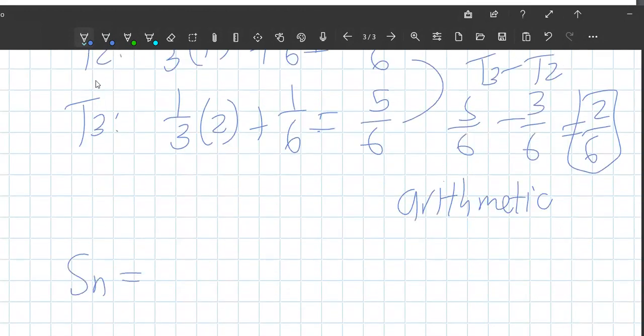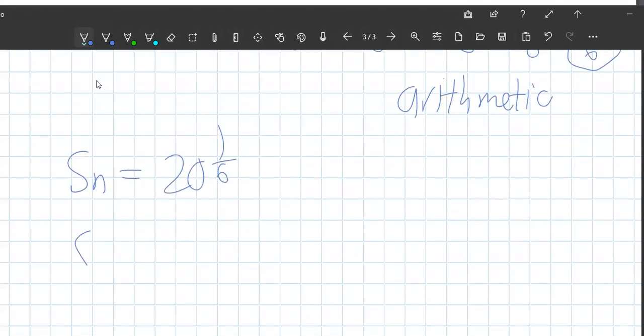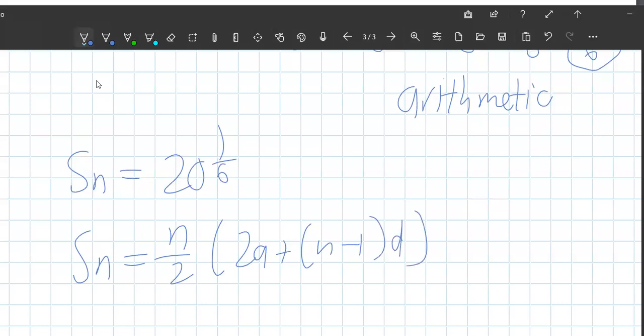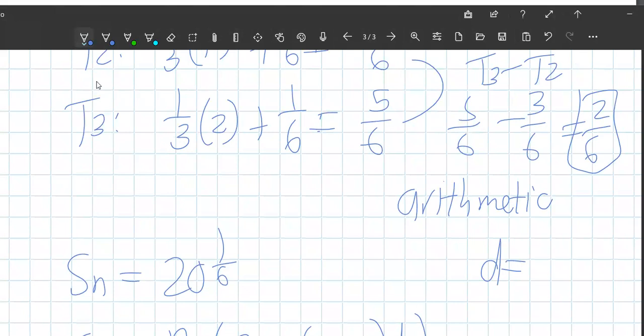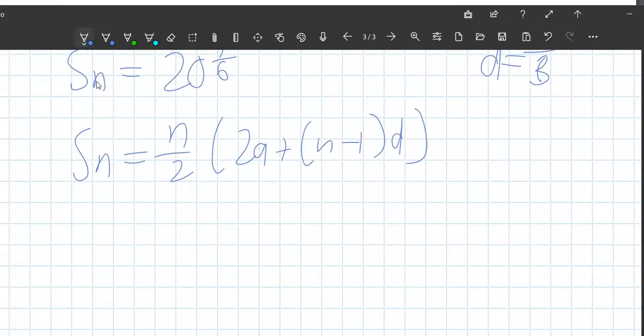So we know that our sum to n is equal to 20 and 1/6. We need the arithmetic sum to n formula. This is n over 2, 2a plus n minus 1 d. Our d was 2 over 6, which is 1/3 when simplified.